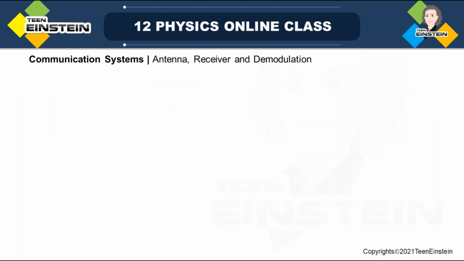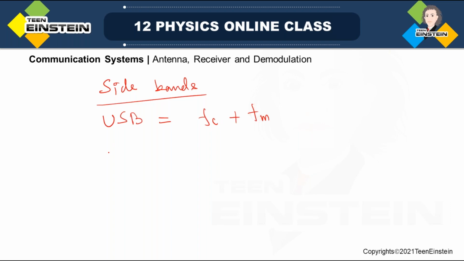Now we have to find out the side bands. How to find out side bands? See, side bands are of two types: USB, the upper side band, which is defined as frequency of the carrier plus frequency of the message signal, and LSB, the lower side band, which is FC minus FM.